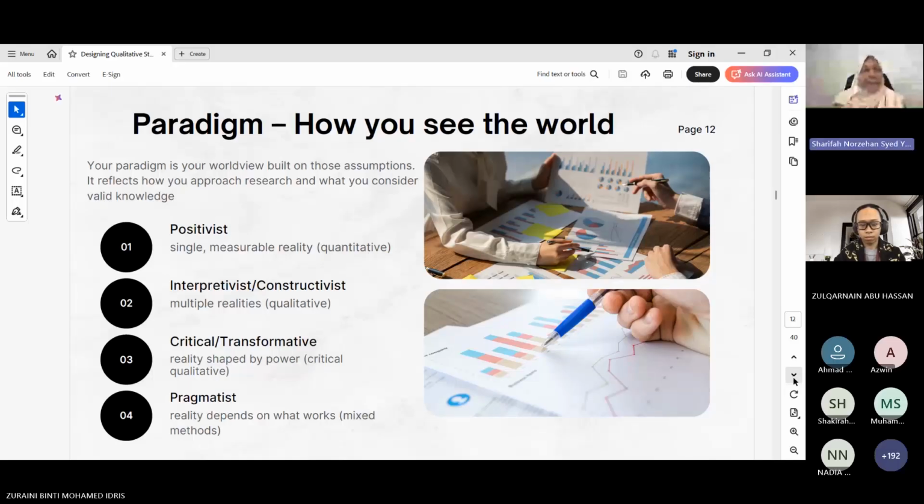If you ask me, mine and the possibility of yours just now, those who asked questions, are very much number 2. Interpretivist or constructivist, because you want to construct some sort of foundation to what you are building up.